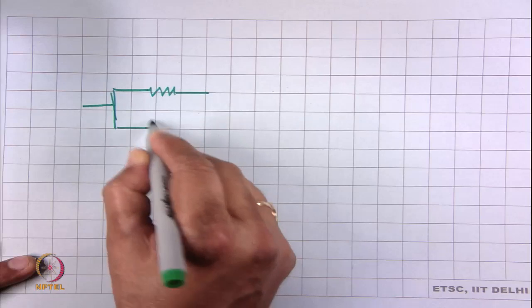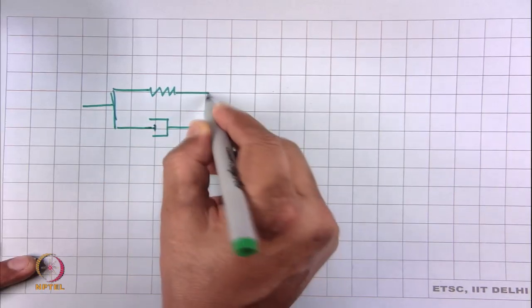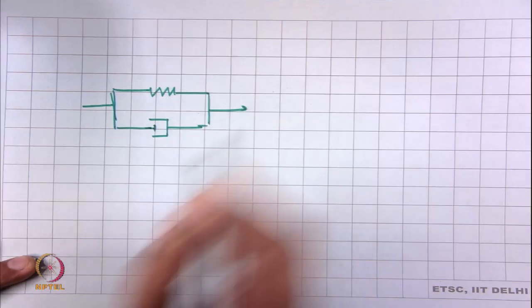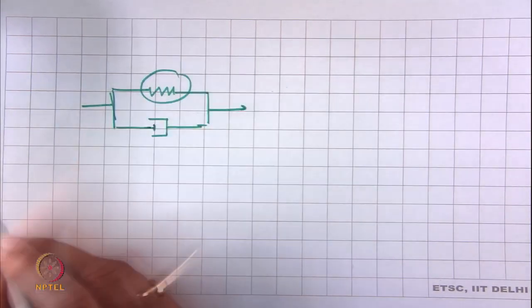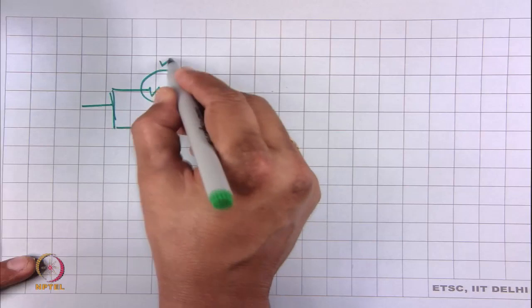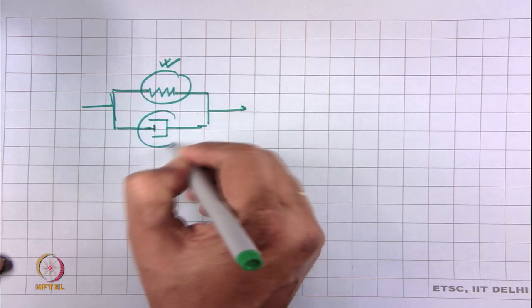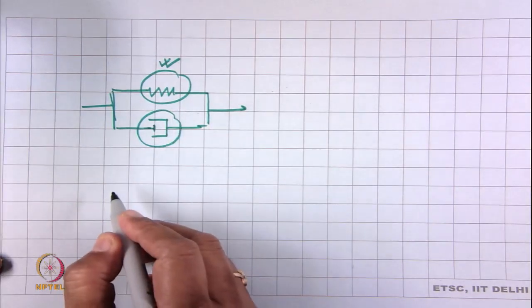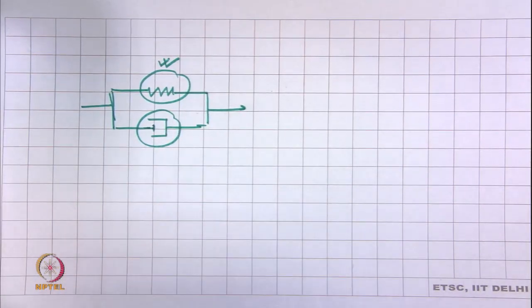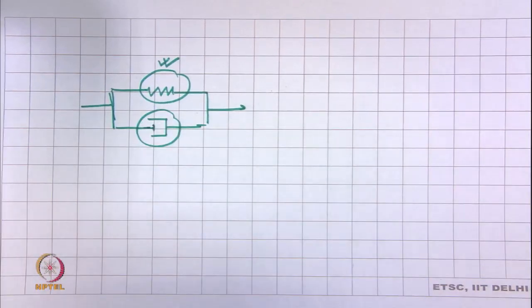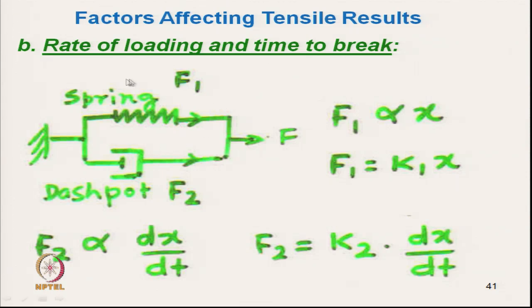This is the viscous model. The spring section changes its load with the extension, but in the viscous segment the load changes with the rate of extension. So, if we increase the rate of extension, the load, that is the strength of the material, will increase. Here you can see the spring model and the dashpot model.